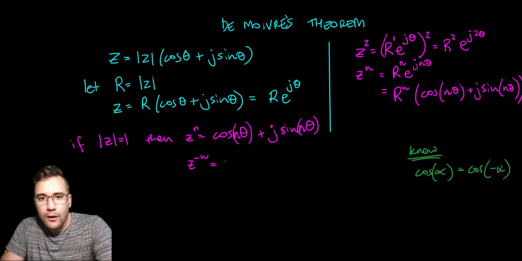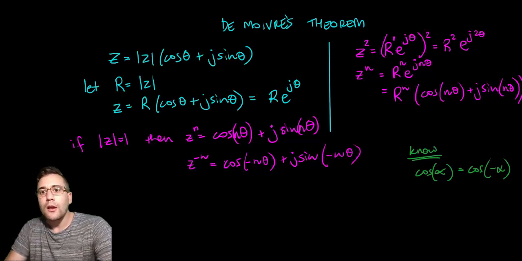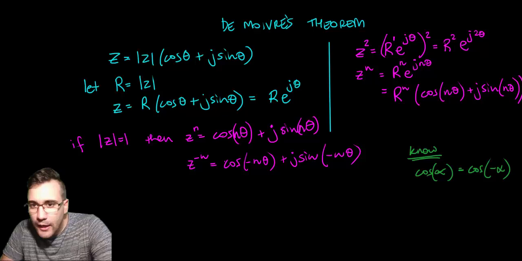So that means we'll follow our little rule over here, and this is going to be cosine of negative n theta plus j sine negative n theta.